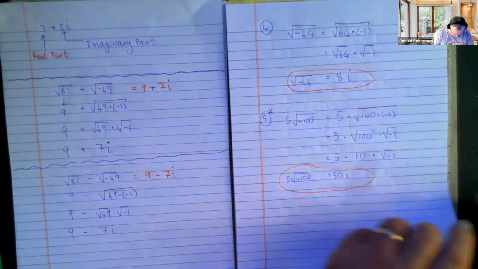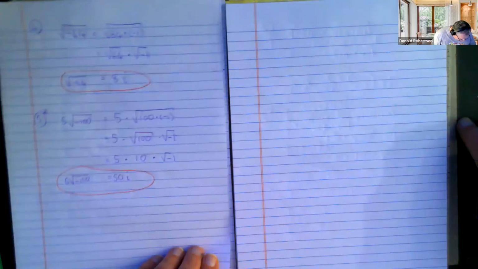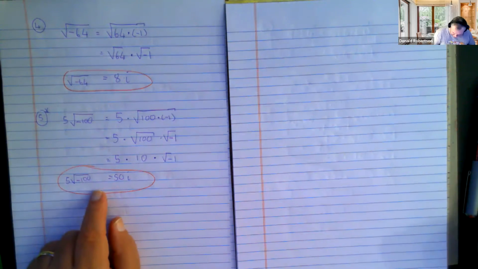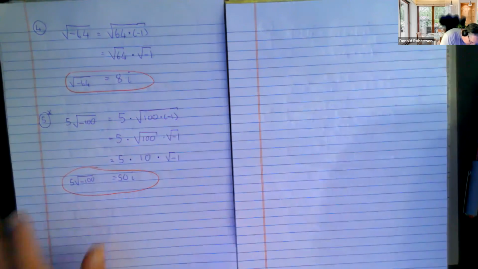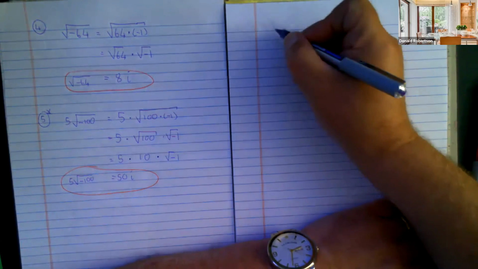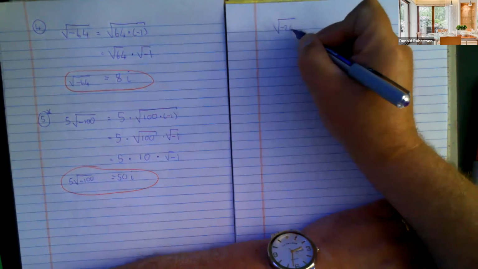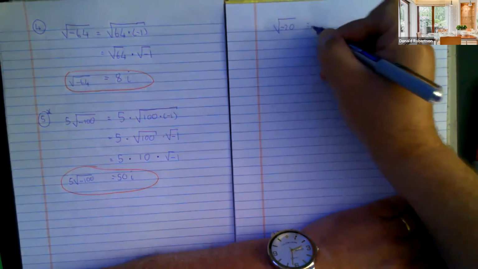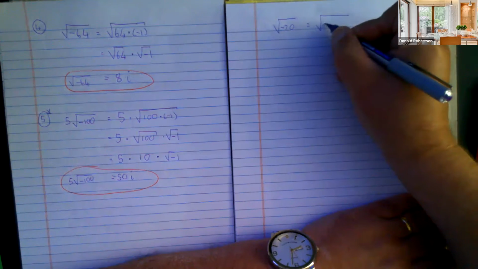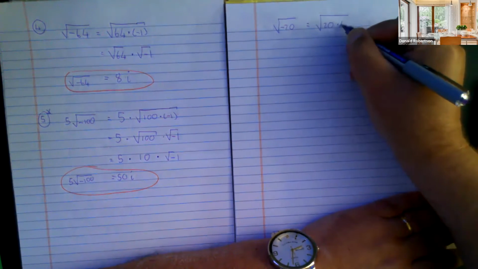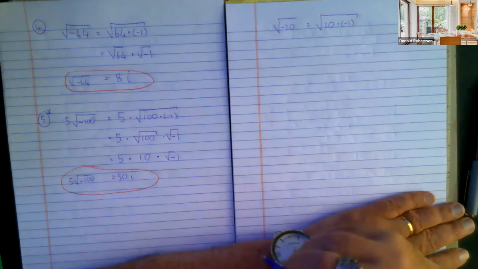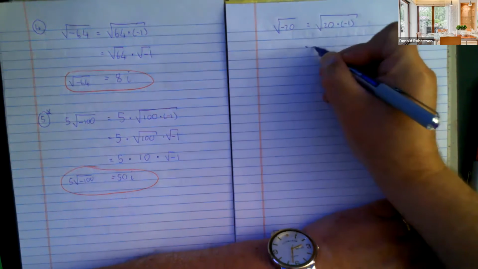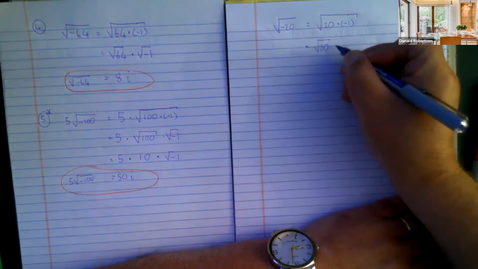Now, you're not always going to get nice real and imaginary parts, right? In this case, 50. It's a nice value. You could get the square root of negative 20. So I'm going to begin with 20 times negative 1. That's the typical split. Now the square root of 20 times the square root of negative 1.